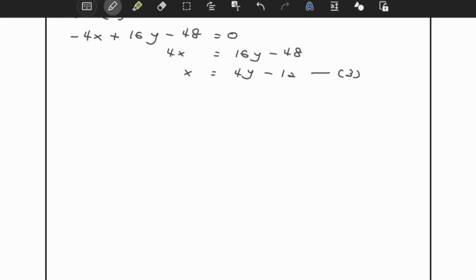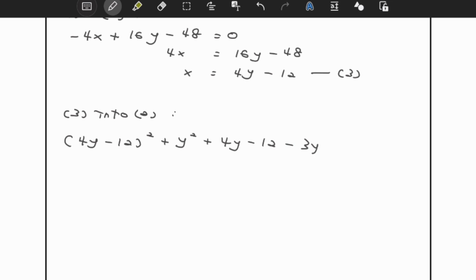I decide to substitute equation 3 into equation 2. So I will have (4y minus 12) squared plus y squared plus 4y minus 12 minus 3y equal to 0.